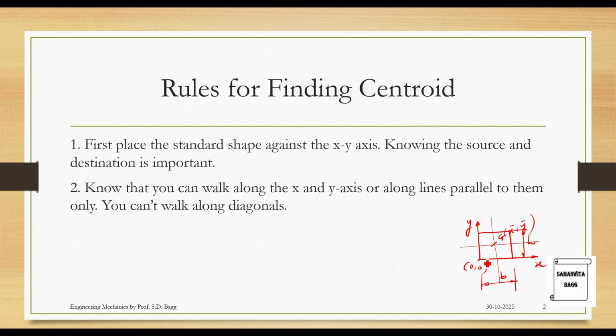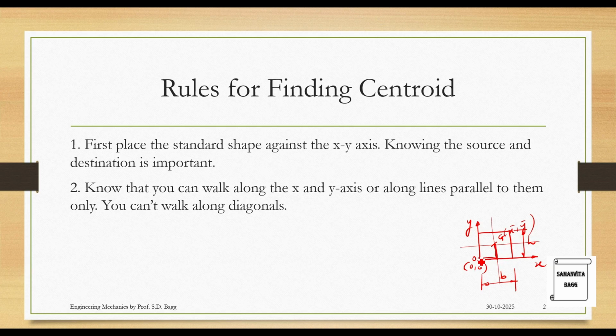So when you are standing at this point at the origin 0 comma 0, you have to reach G. Now if you observe carefully, you can also go along the diagonal and directly reach G. But finding x bar, y bar is not done this way. You will have to start from 0 and go to this point G. So from O I will have to go along the x-axis and then along the y-axis.